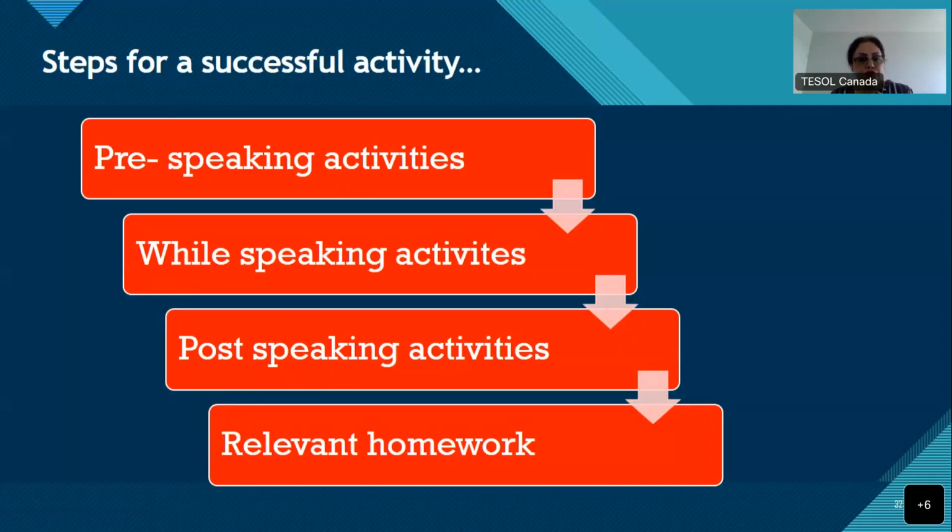They produce the dialogue, maybe they want to talk, or give a lecture, or discuss. So they produce what they have already practiced. And you give the feedback and evaluate your students. Later, you give them homework to practice at home related to the aim of the speaking that they practiced in the class. Is that clear?